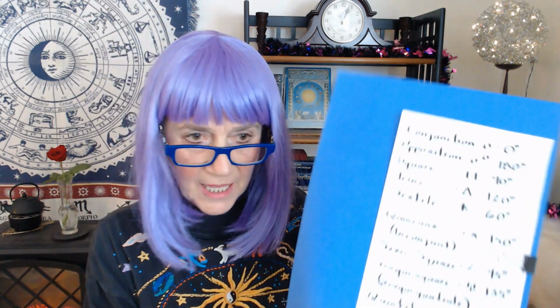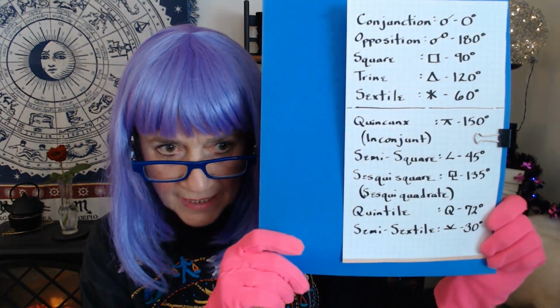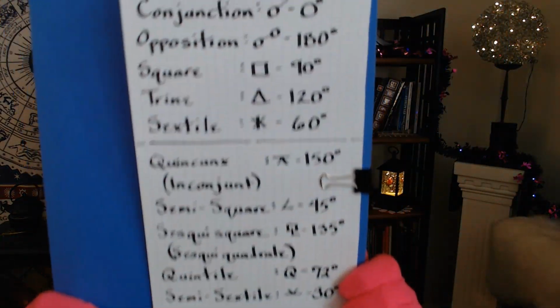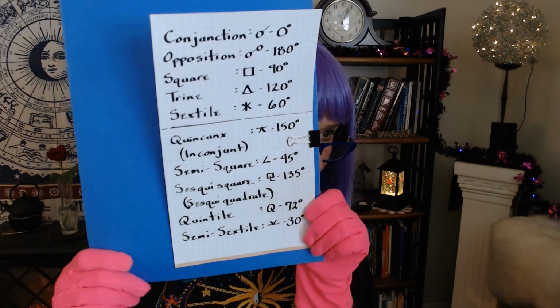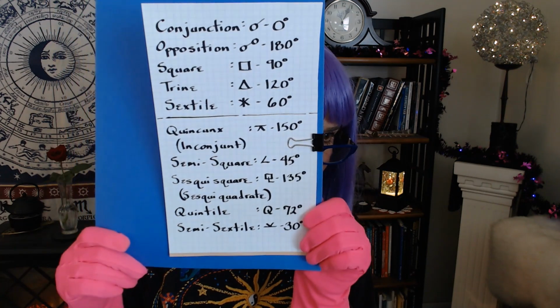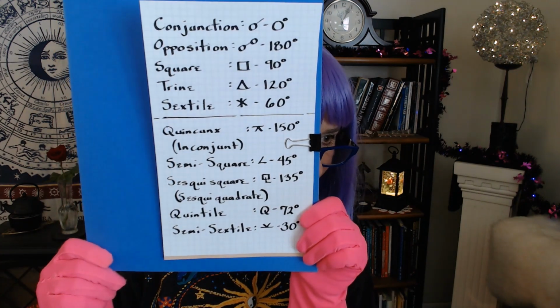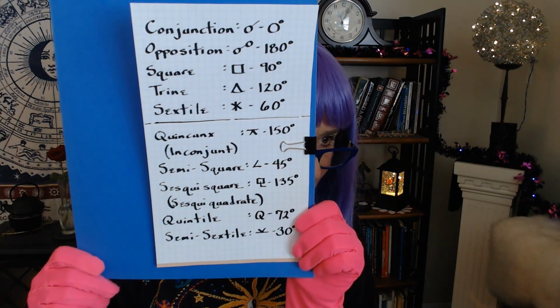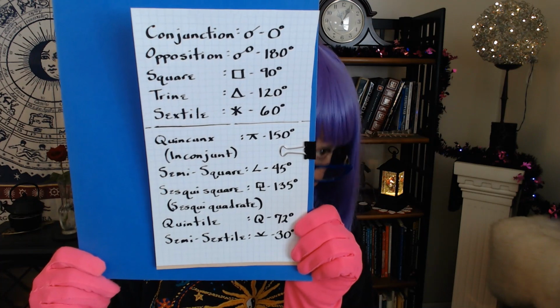The other thing I want to mention is that I need to make a correction. I rewrote this thing for you, and I'll hold it up here for a screenshot. Okay, so here's all the aspects and the symbol for them, as well as the number of degrees.